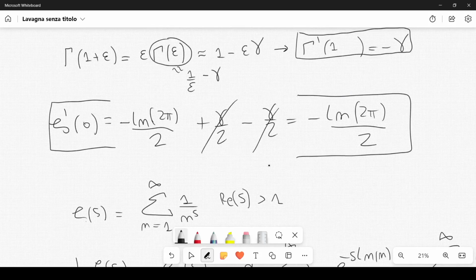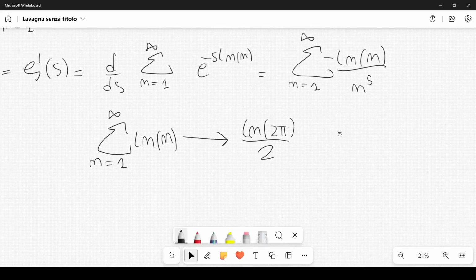So you can see that there is some kind of association that can be made between this series, which is divergent. Remember, this is actually equal to infinity if you want.